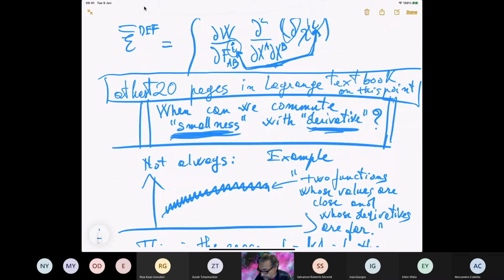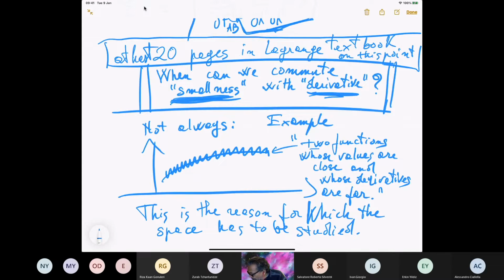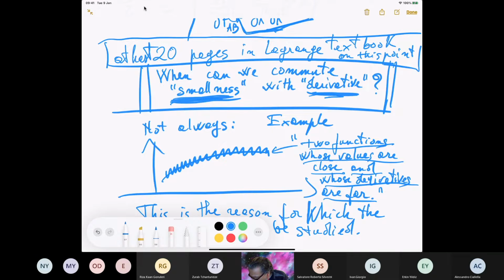Lagrange knew that two functions whose values are close and whose derivatives are far can exist. Think about the first function here. We'll draw it in red. And the function in blue. Clearly, the function in red has very close values to the function in blue.